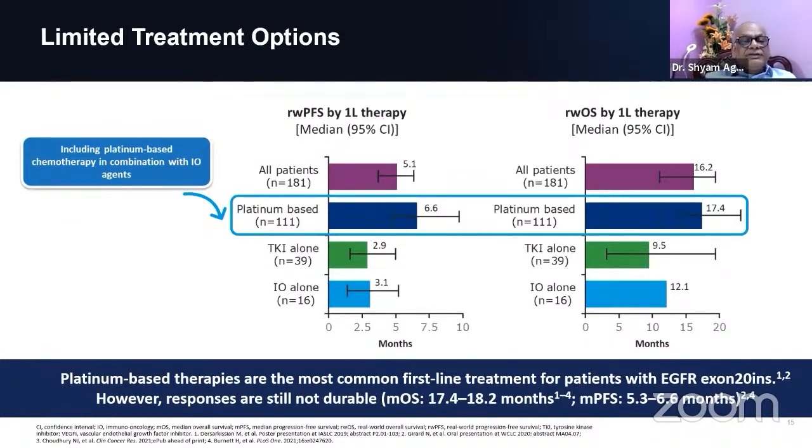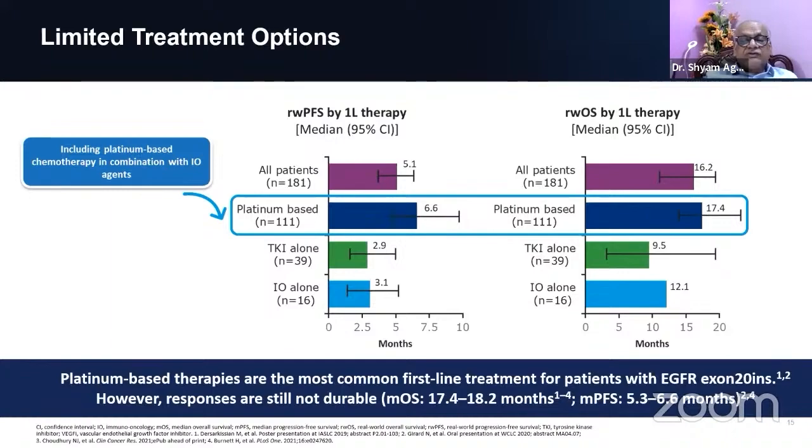So there are limited treatment options, as you can see, platinum-based in combination with IO or other agents. You can see the PFS for such patients who have exon 20 insertion. So it is quite low. As you can see, the PFS is only 2.9 months with TKI. With IO alone it is 3.1 months.